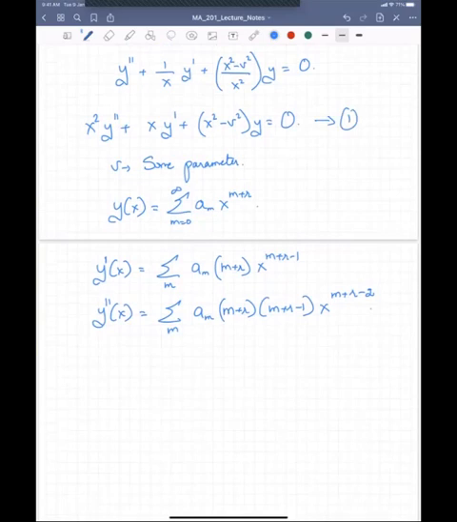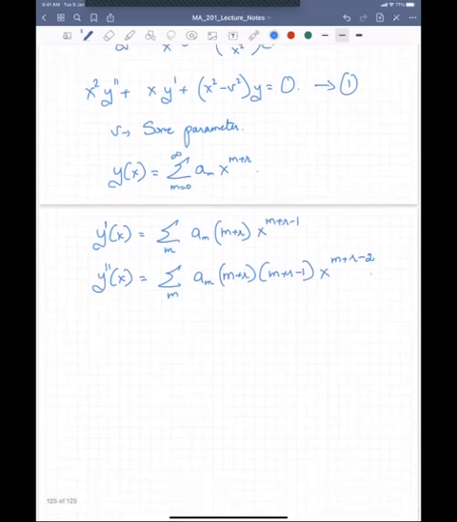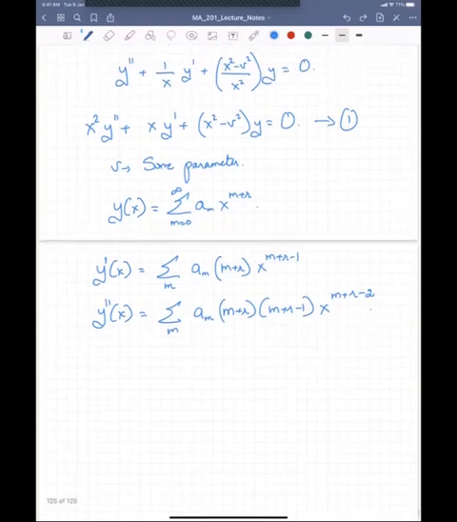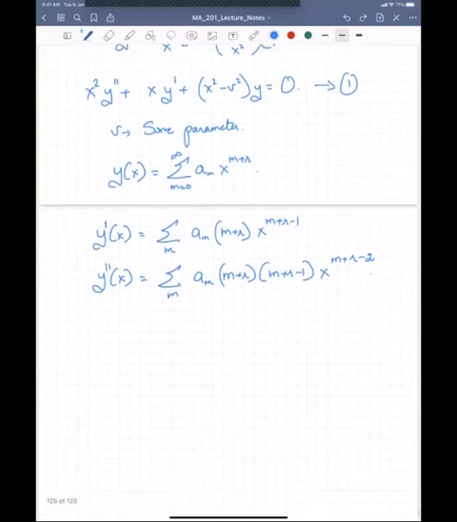So you see that x squared times y double prime is going to be such that the x squared kills this factor of x to the minus 2 here. So you're going to get only x to the m plus r. Similarly, x times y prime, the x in front of the y prime is going to kill this minus 1. So you're again going to get x to the m plus r. So both these terms are going to have the same kind of form.